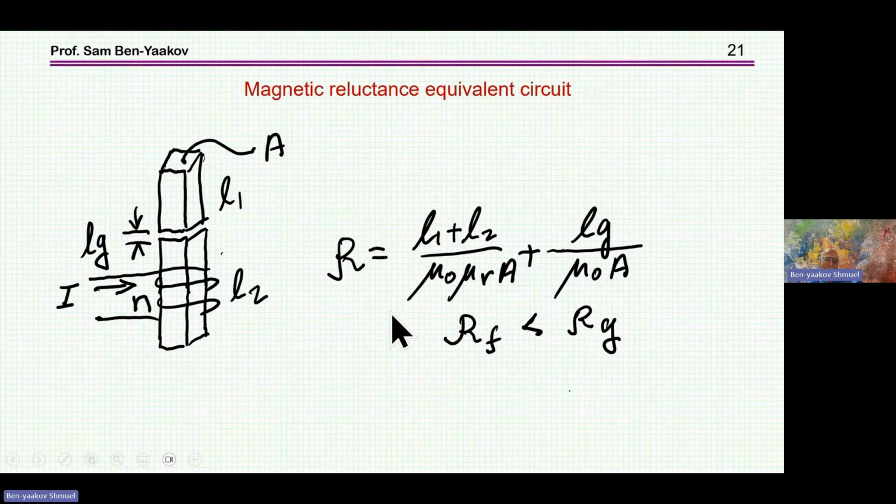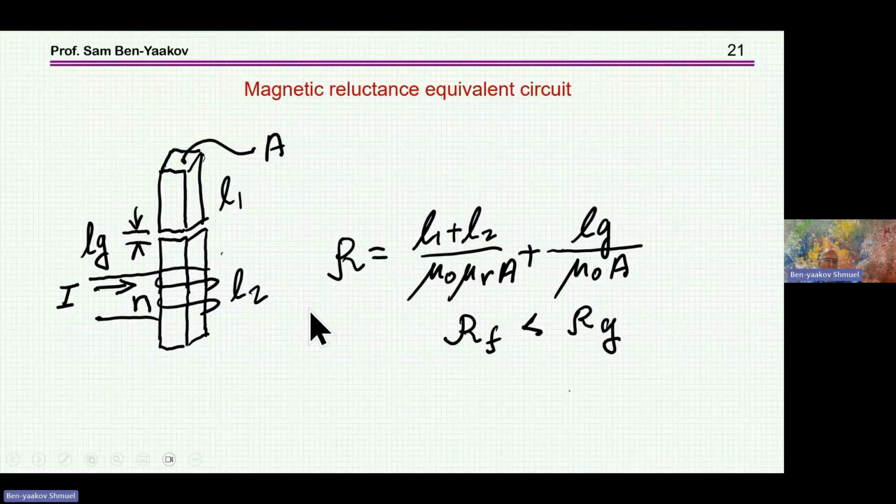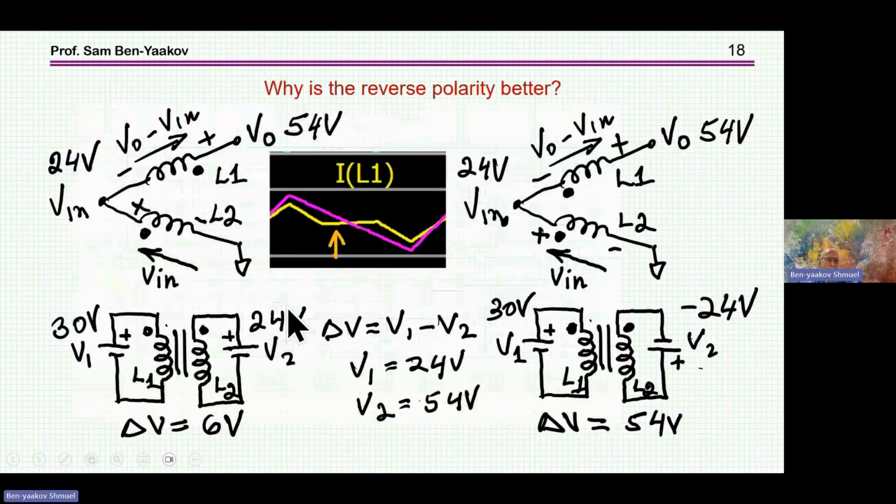So now we need some way of understanding or quantifying the magnetic parameters, okay? The simulation that I showed is purely electrical. We don't have any notion of what the flux is, what the magnetic flux density is, or the MMF.